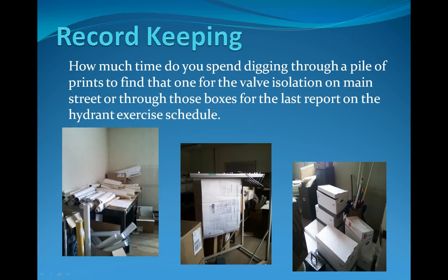I don't know how many of you have ever had to go search out a specific set of drawings for the sewer system or the storm drain system, but how much time do you spend digging through a pile of prints to find that one valve isolation on Main Street, or through those boxes to look for that hydrant exercise schedule? With MAP and AutoCAD, everything can be kept in that drawing file. Every time that you exercise a valve, you can add that data to that file.